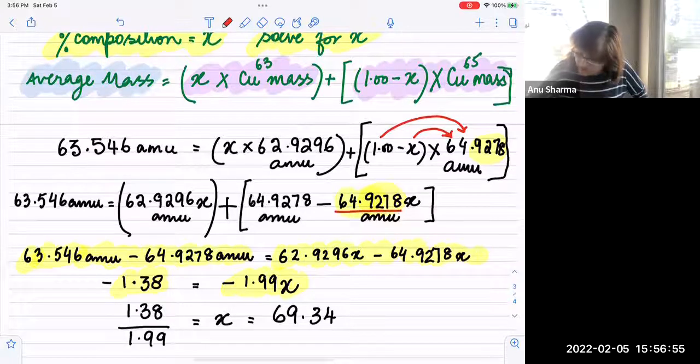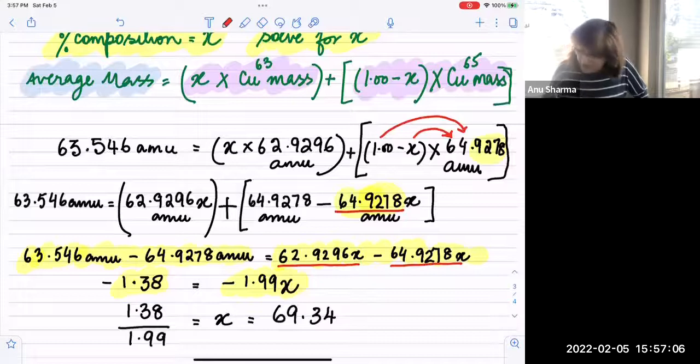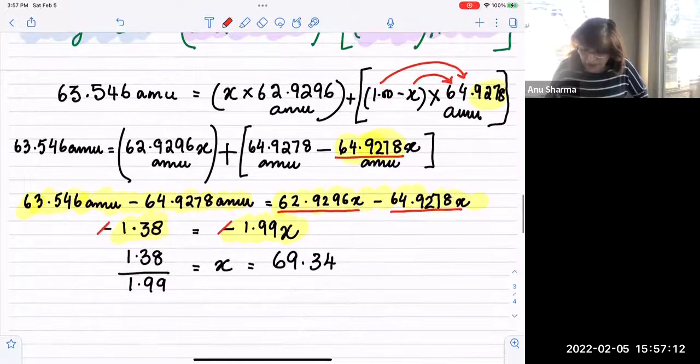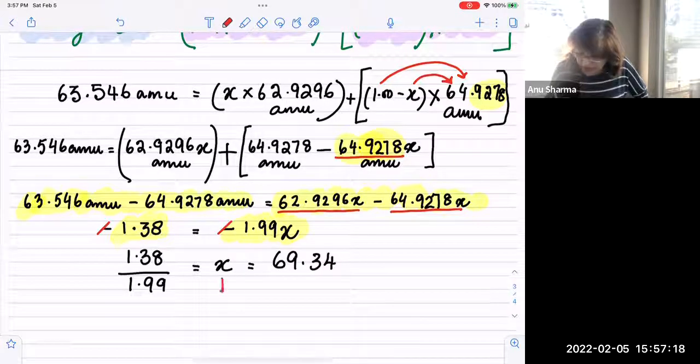So 64.9278 is subtracted from 62.9296. All right, so anyway, you get 1.99. When you cancel the signs out, you get 1.38, and bringing the 1.99 to the other side of the equation, you get the value for X to be equal to 69.34.